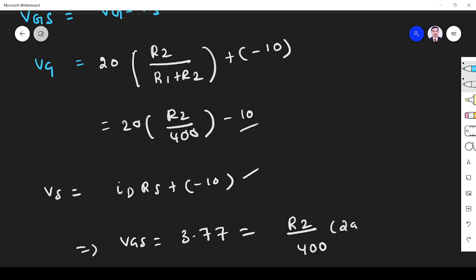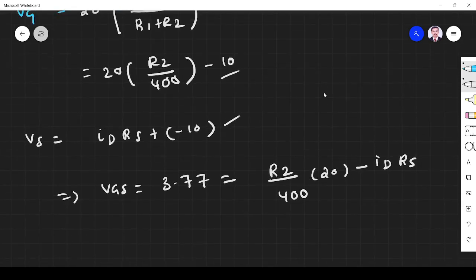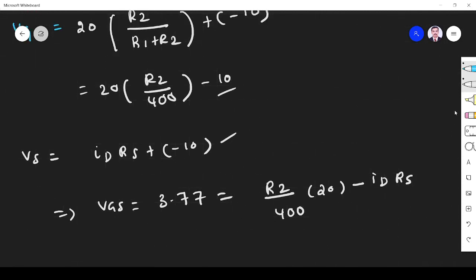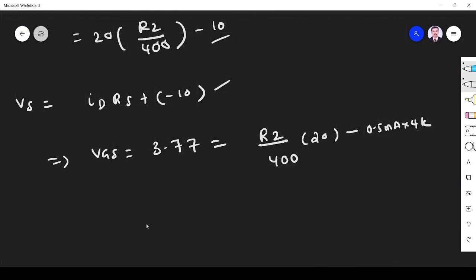So 20 minus ID RS. ID value we know is 0.5 milliampere, RS we know is 4 kilo ohm. I substitute those values, and simply if you do that, you will get R2 equal to 115.4 kilo ohm.